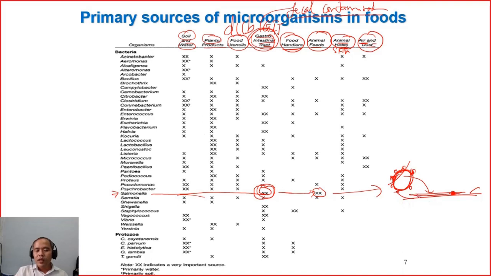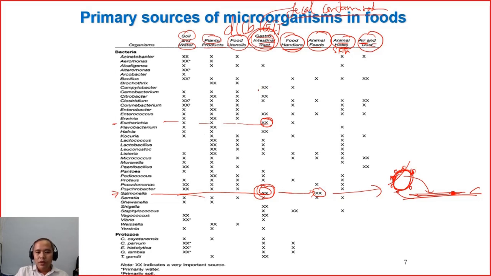Or if we look at E. coli, for example, where is E. coli here, Escherichia? The important source of E. coli into food is also the gastrointestinal tract. These belong to the natural microorganisms in the digestive tract.